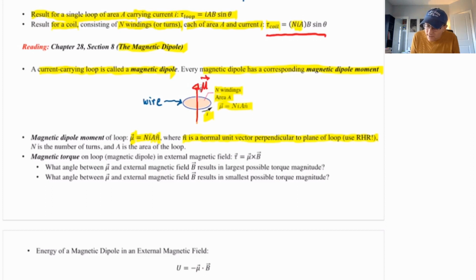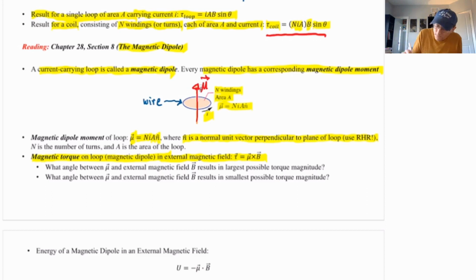Of course, this thing right here is the magnitude of B. And then that's the sine of the angle between n hat and B. But n hat's the same as the direction of mu. So guess what? Here's our final expression for the magnetic torque on a loop, which includes a coil, in an external magnetic field. There it is. Tau arrow equals mu arrow cross B. Vector product of the magnetic dipole moment cross magnetic field that it's in.